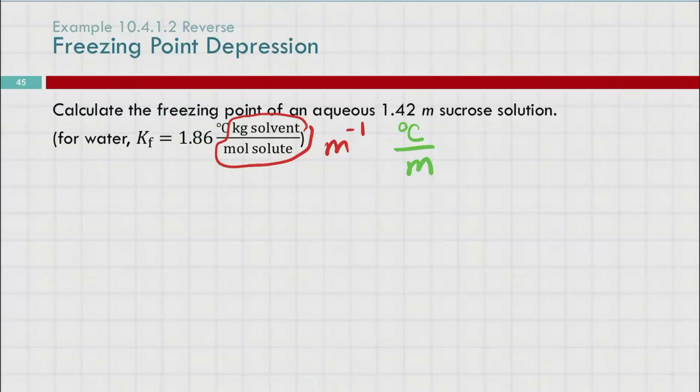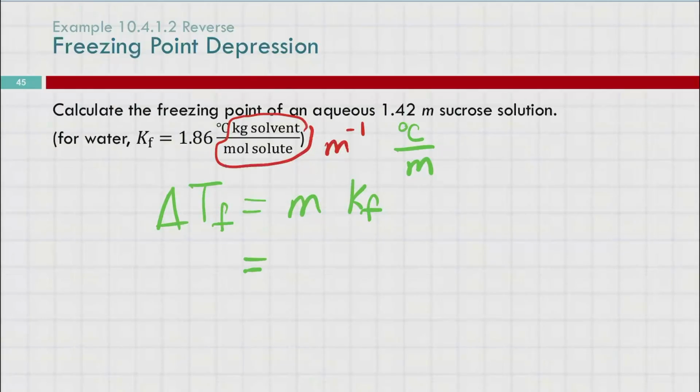Okay, so calculating freezing point depression, we want to find the freezing point of an aqueous 1.42 molal sucrose solution. We have delta T sub F equals lowercase m times K sub F. We've got our molality, we've got our Kf.